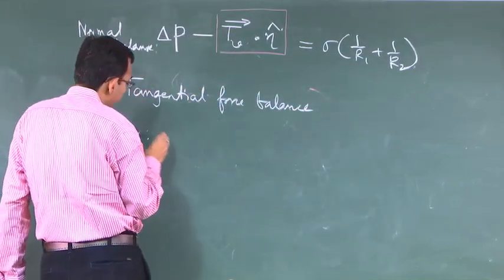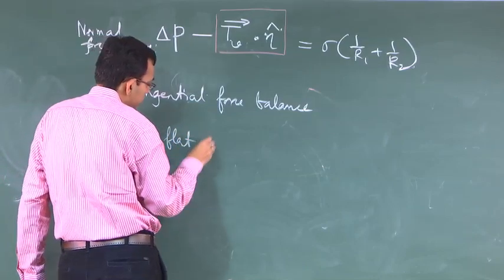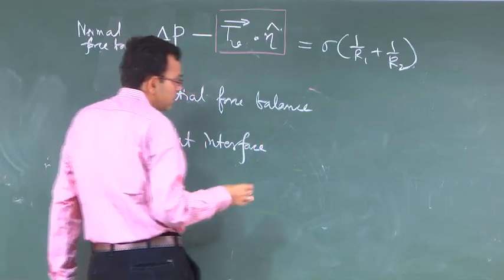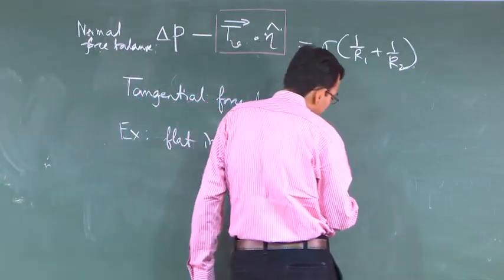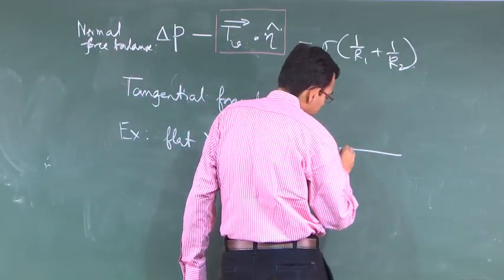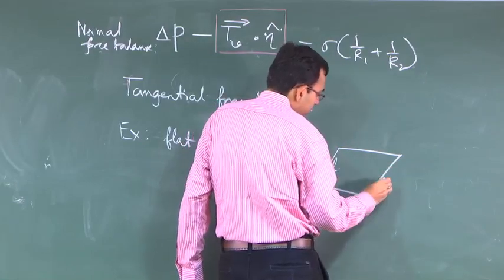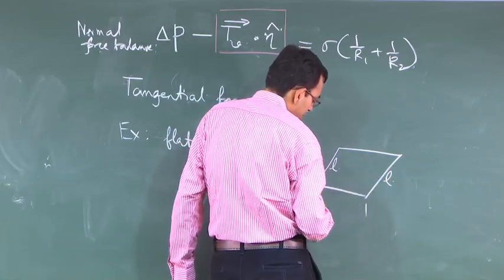Example, flat interface. So, if you have an interface like this, let us say this is an interface, this length is L and this length is dx.